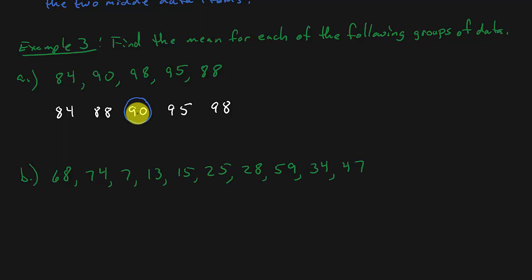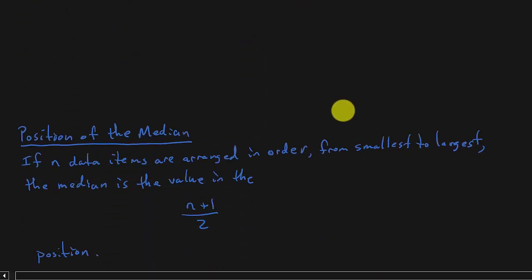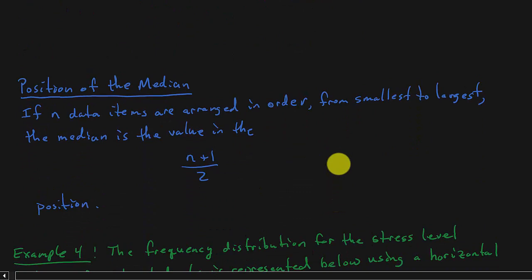So what I'm going to do is jump down here to position of the median. If n data items are arranged in order from smallest to largest, the median is the value in the n plus 1 over 2 position.